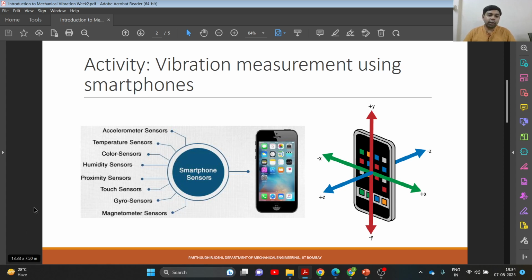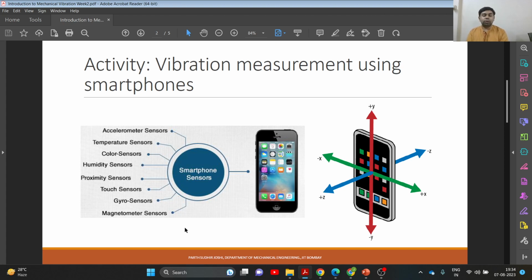It knows from the gyro sensor, which senses the rotation, and based on that it will rotate the display.